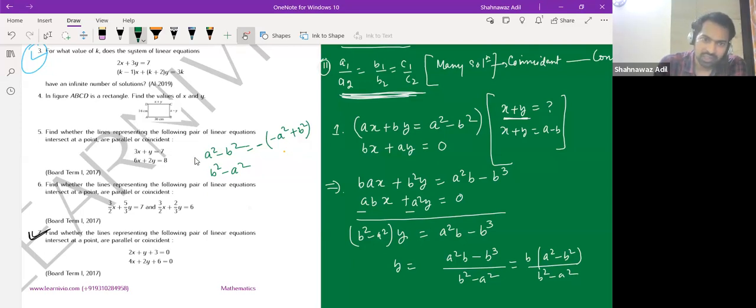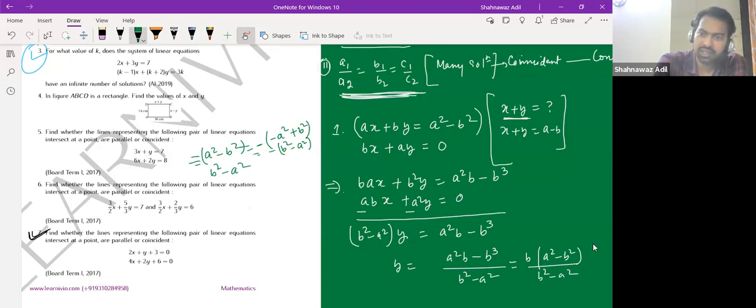Or you can also think of it this way. If I multiply by this minus and divide by minus, this will go inside and become minus a square plus b square. So this is minus of b square minus a square, right? Correct?